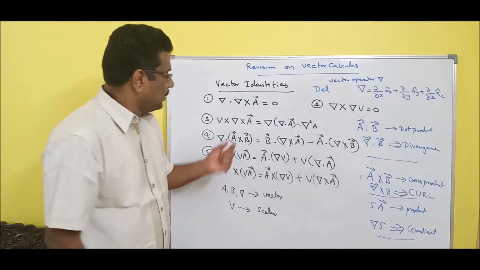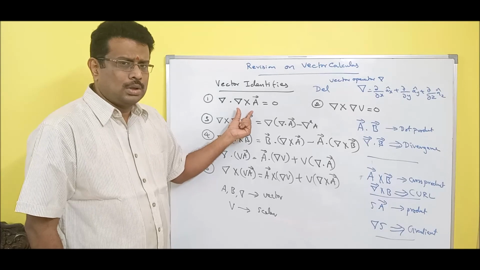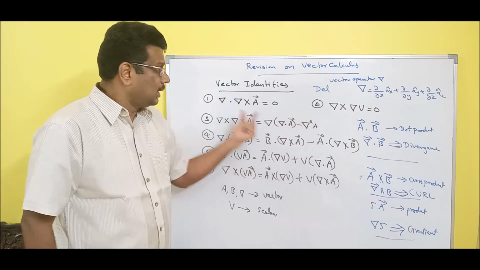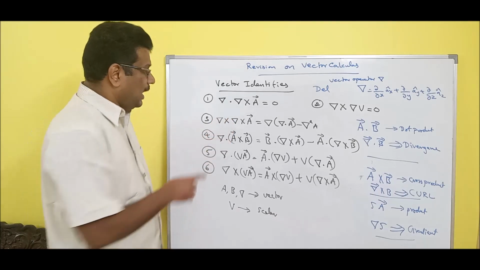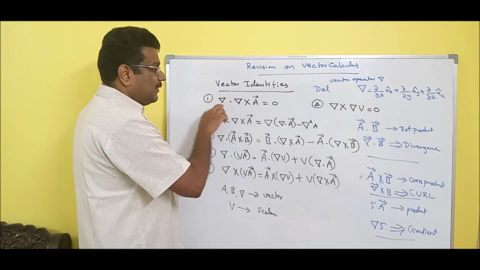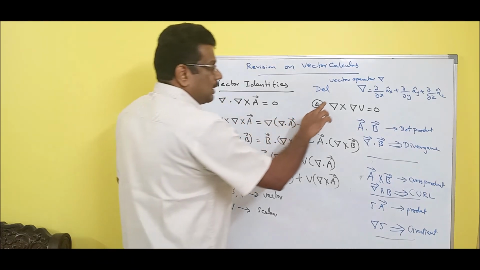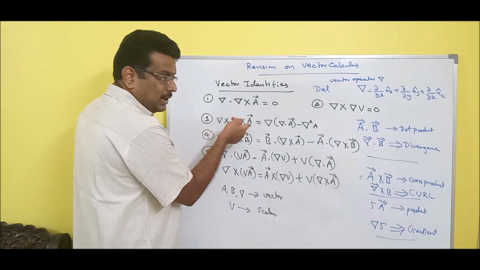Now try to answer me. Who is this? You can say cross product, yes, but what is the special name? Curl. And the one with del as a dot product, what is the special name? Divergence. So, divergence of a curl. I hope you are getting it. Divergence of a curl, curl of a gradient is 0, curl of a curl.